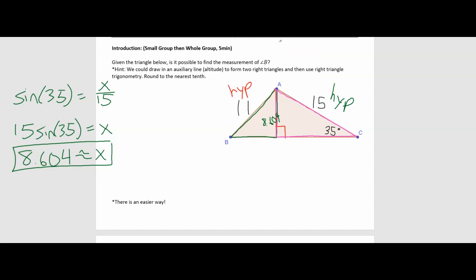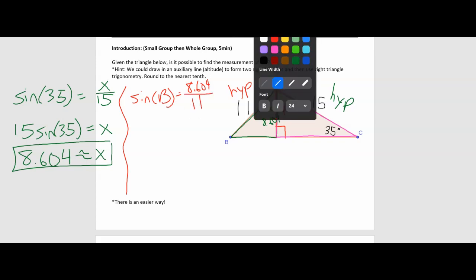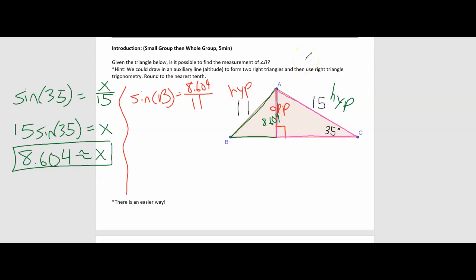If I'm talking about B, my 11 is my hypotenuse, and my 8.604 is my opposite side. So again, I'm going to be using the sine function. Sine of B is equal to 8.604 over 11. I'm going to apply the inverse sine function to both sides.